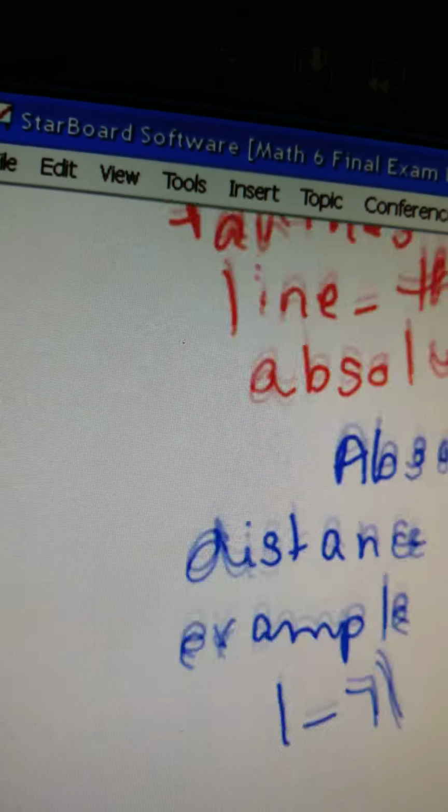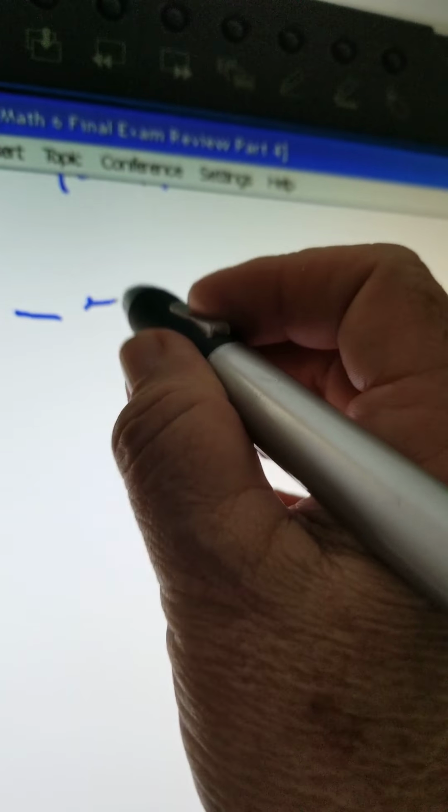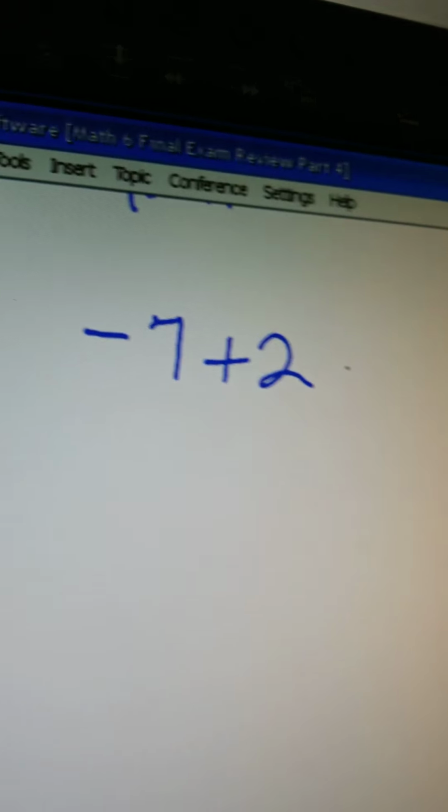All right, so let's talk about the difference between two numbers. So if I have -7 plus 2, I take the difference between the two numbers, which is what? What's the difference? 5. And keep the sign of the number with the highest absolute value, negative.